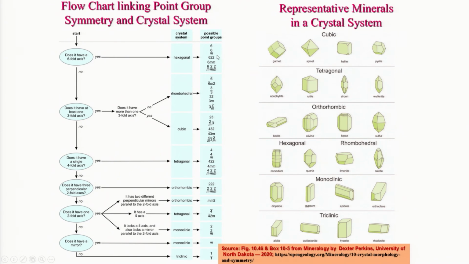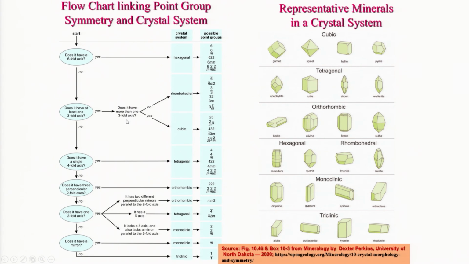Now, does it have a 3-fold axis of symmetry? If yes, does it have more than one 3-fold axis? If no, if it is only one 3-fold axis of symmetry, then you will have the trigonal crystal system, and under this you have bar 6, that is 3 over m, or bar 6 m 2, 3 bar 3, 3 2 m and bar 3 2 over m; this will come.